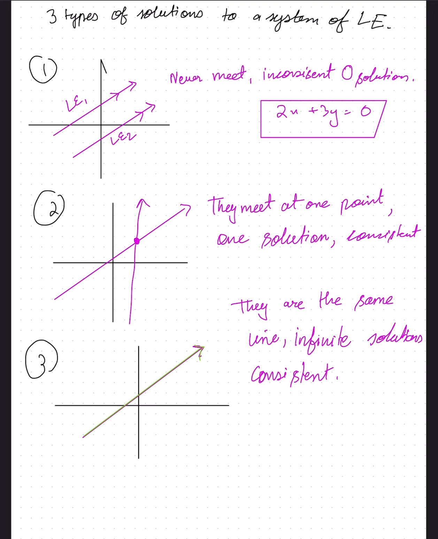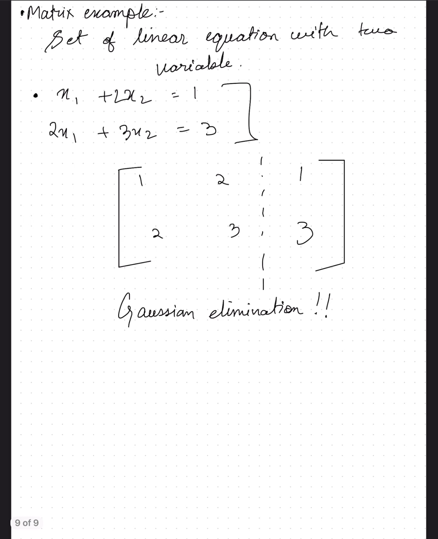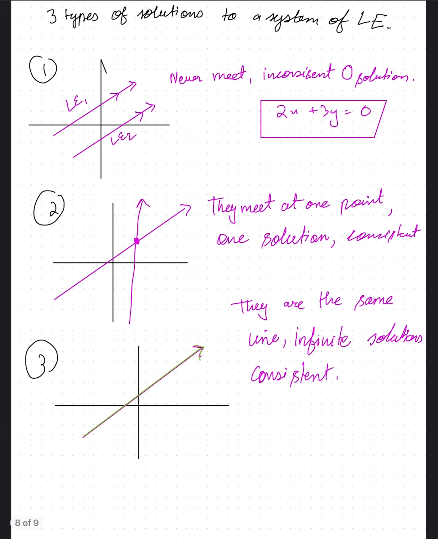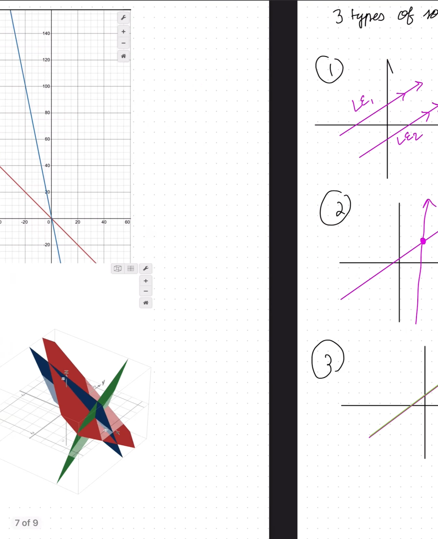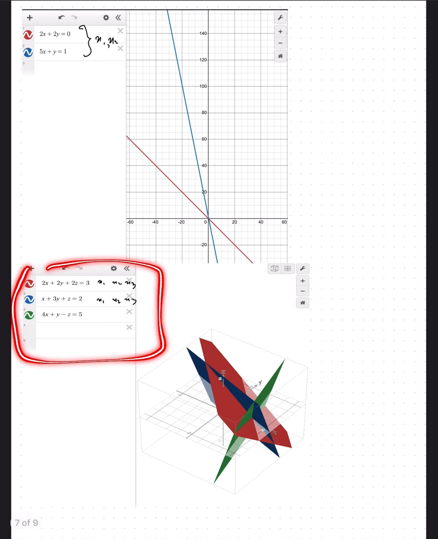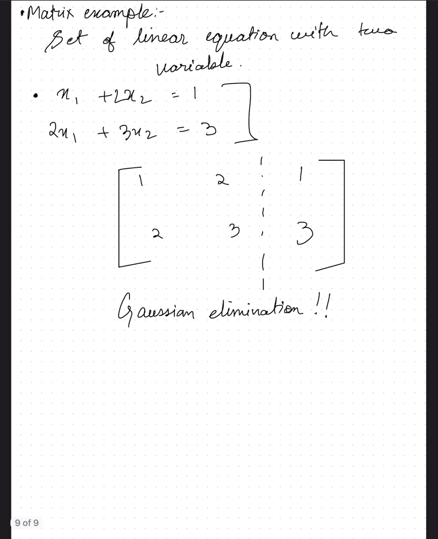Like I showed here, the line in green and the line in pink, they're the same line. When the two lines are the same, they have infinite solutions, and the system is consistent. So this was the most basic one. When you have two equations, it gets complex when you have more variables. I will talk about how to solve when you have more than three variables and more than three equations in another video.